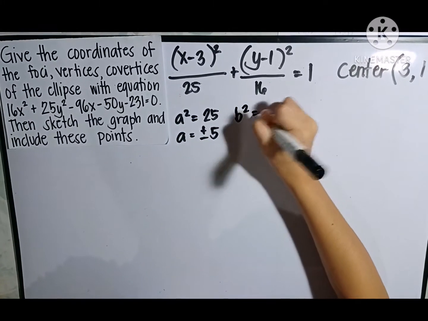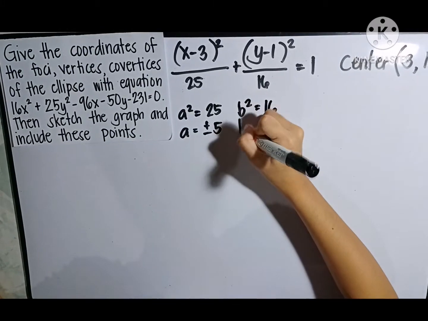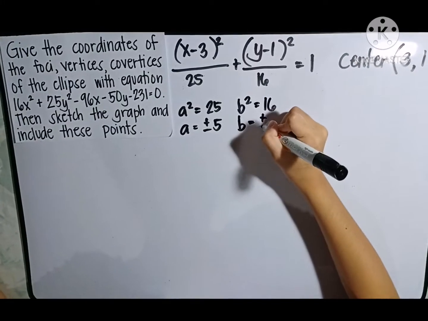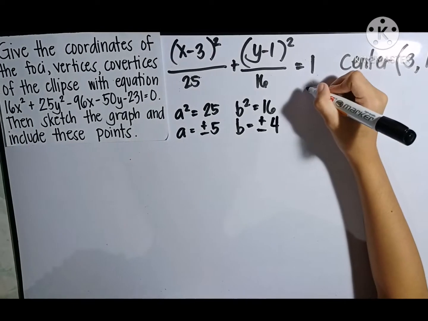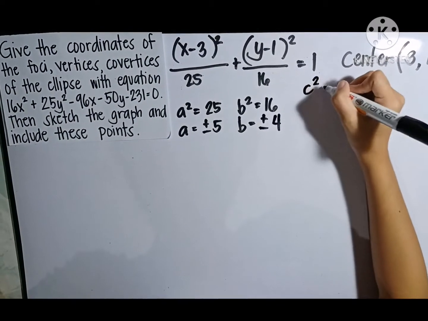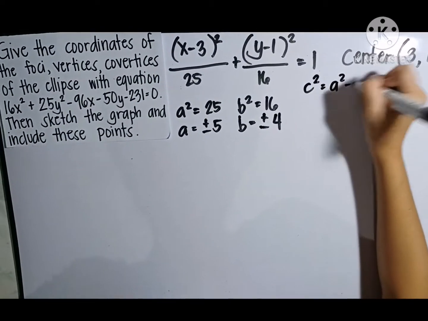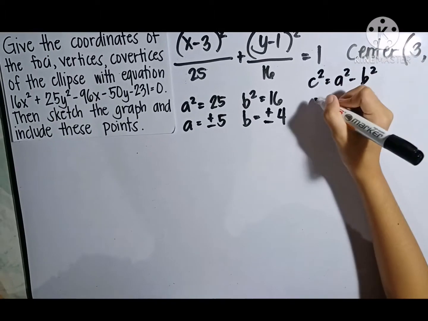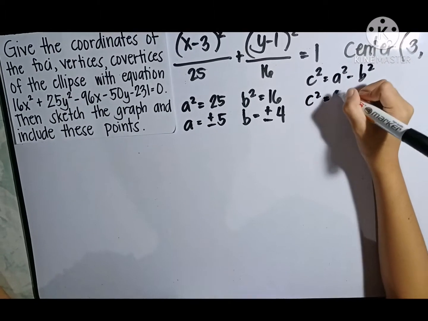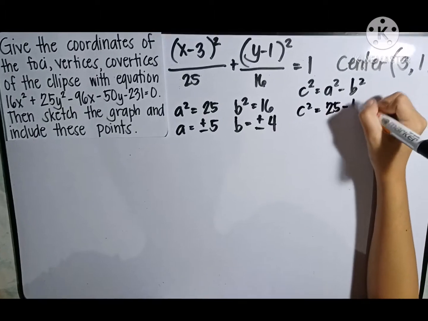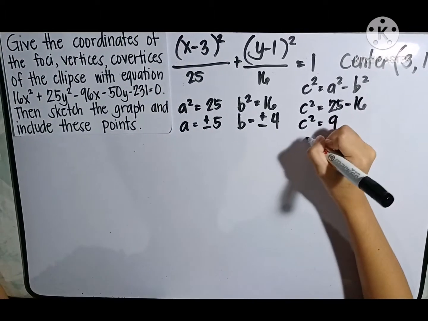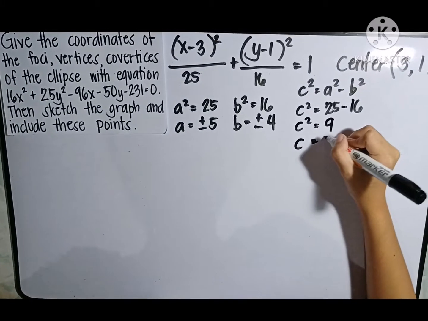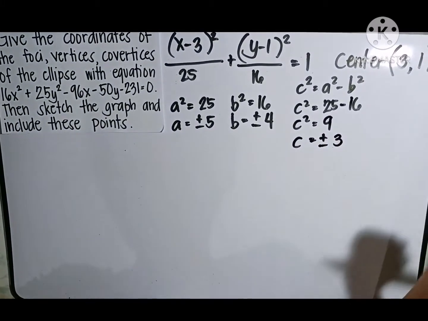B squared will be 16, so b will be plus or minus 4. To find our c, use c squared is equal to a squared minus b squared. C squared is equal to 25 minus 16. C squared is equal to 9. C is equal to plus or minus 3.